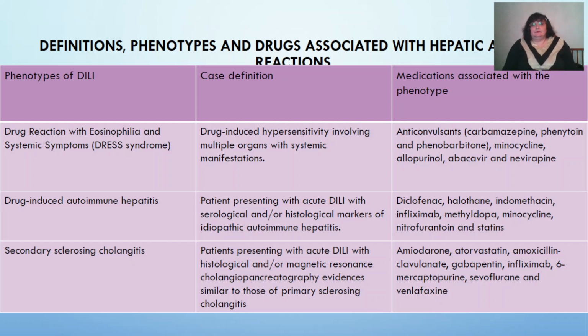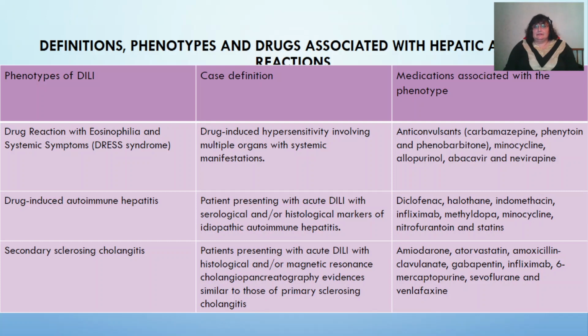Drug-induced autoimmune hepatitis: patient presented with acute DILI, drug-induced liver injury, with serological and or histological markers of idiopathic autoimmune hepatitis. These drugs: diclofenac, halothane, indomethacin, infliximab, methyldopa, minocycline, nitrofurantoin, and statins.